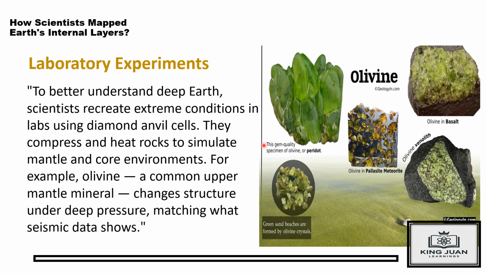With this, they show that olivine, a common mineral in the Earth's mantle, undergoes phase transitions at high pressures and temperatures, changing its crystal structure and density. These transitions are used as evidence for the composition and dynamics of the Earth's deep interior.